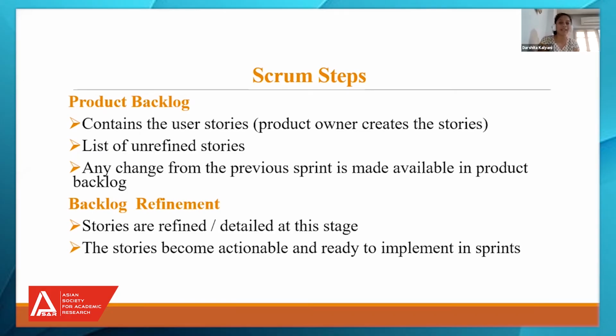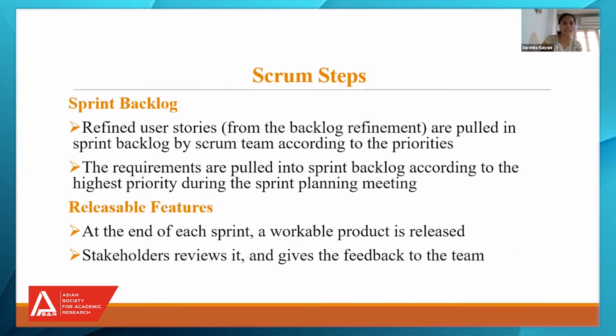And then we have a backlog refinement. As I have already mentioned, the stories become actionable and ready to implement in sprints only after the backlog refinement. At this stage, every squad member should be ready with the stories. In the sprint backlog, the requirements are pulled according to the highest priority during the sprint planning meeting.